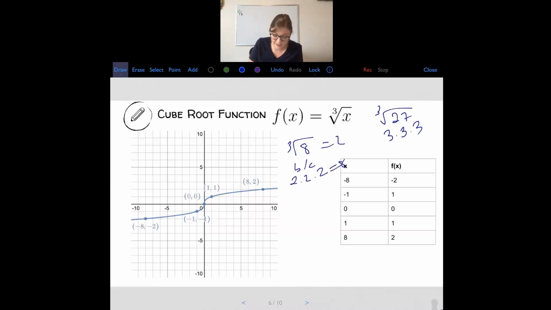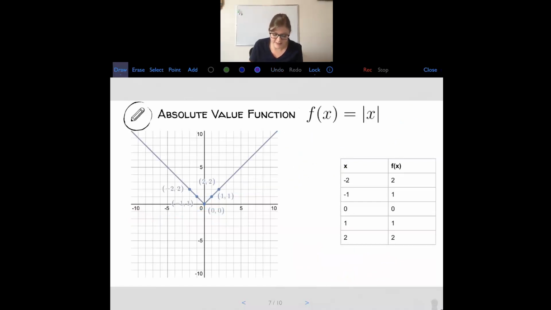I have a table of values here again, and notice with the cube root, we are allowed to take the cube root of a negative number. That is because the cube root of -8 is -2, because -2 times -2 times -2 is -8. So this function does allow for negative x values.